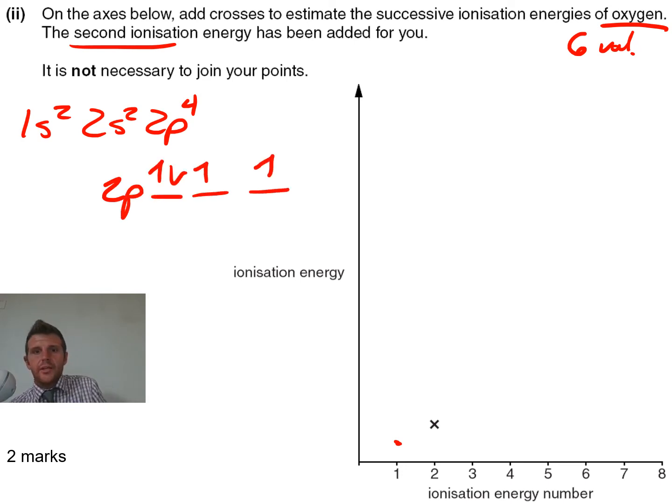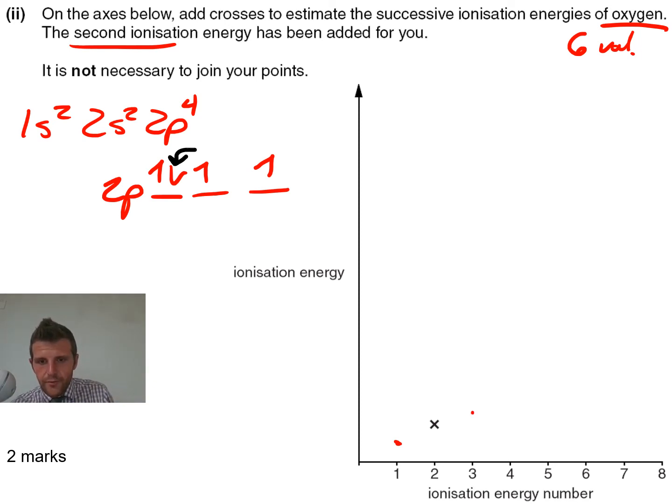And the first ionization energy is going to be removing a paired electron from an orbital. So then I should have a tiny bit bigger jump from number 1 to 2.